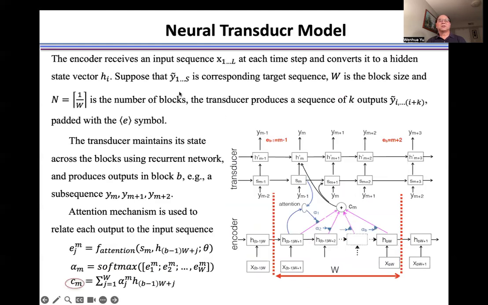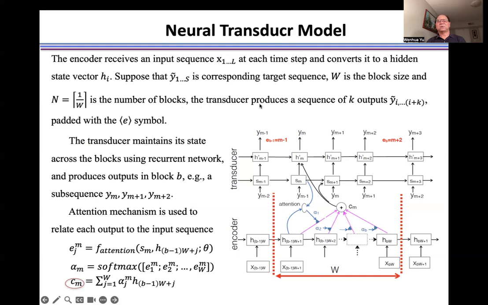The encoder receives the input sequence X at each time step and converts it to a hidden state vector H_i. Suppose that Y_1 to Y_S is a corresponding target sequence, W is a block size, and N is the number of blocks.